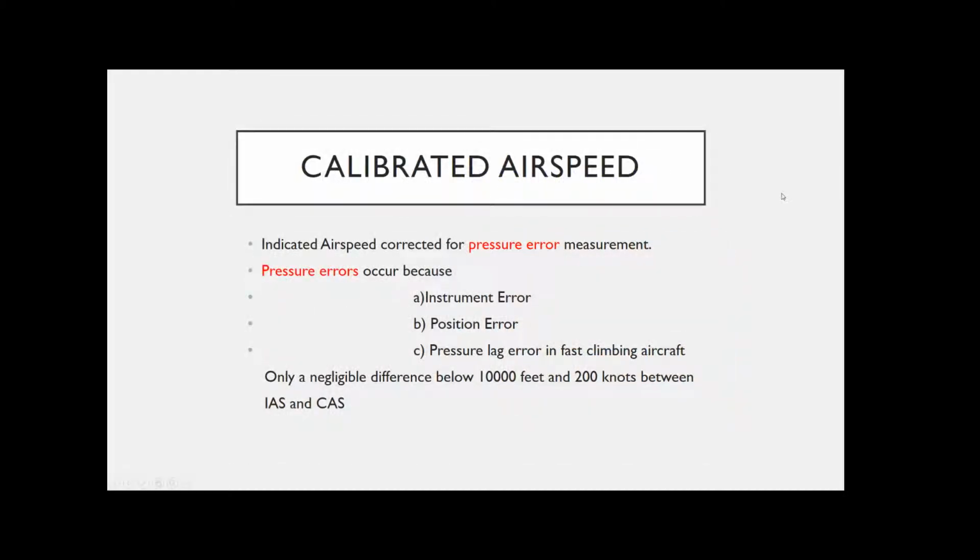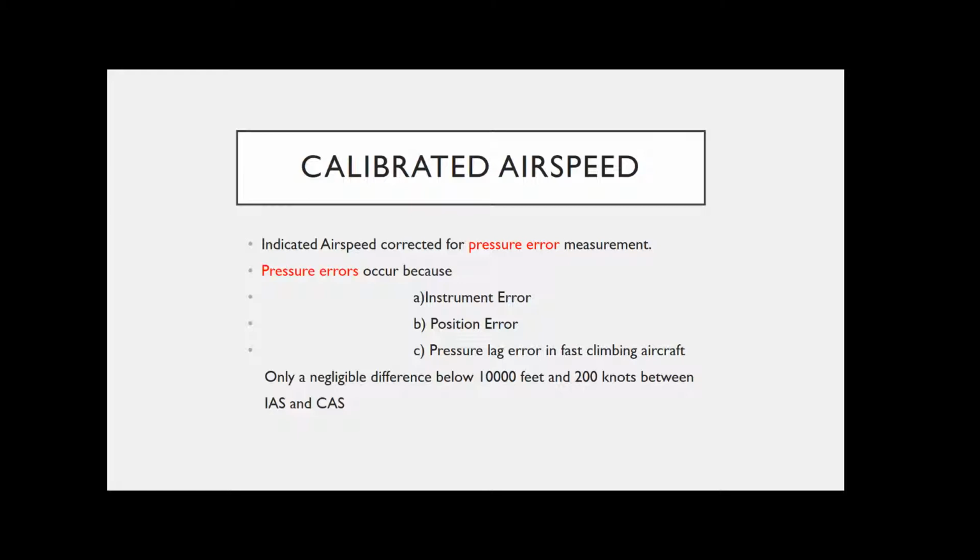Calibrated airspeed is indicated airspeed corrected for pressure error measurements. Pressure error measurements are caused by instrument error and position error. It is impossible to put the pitot tube in a position that will be accurate under all conditions. Also, the static pressure should be far field, that is to say measured away from the aircraft.